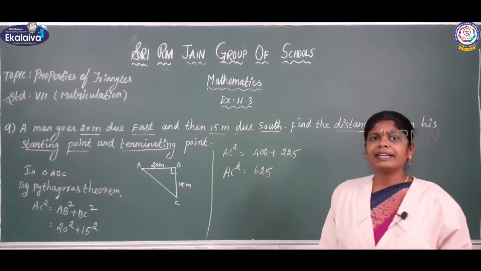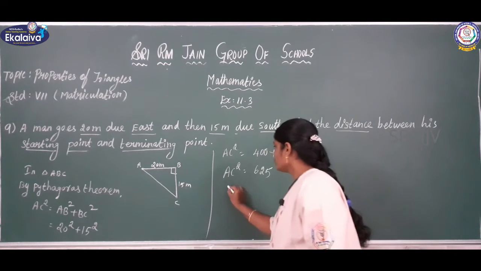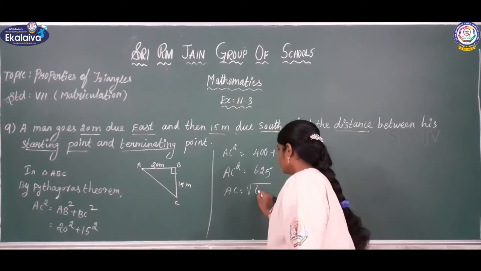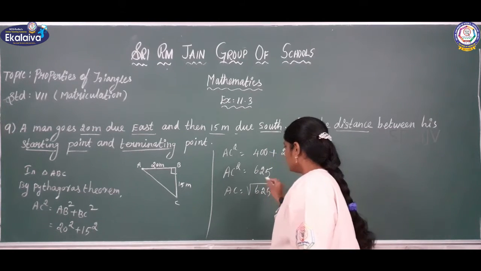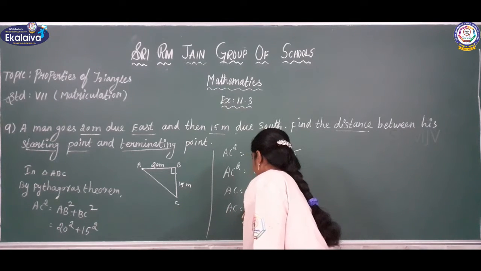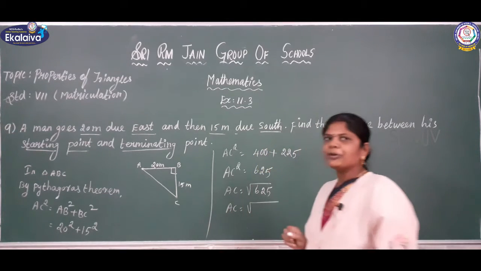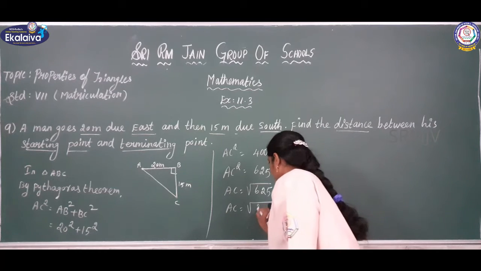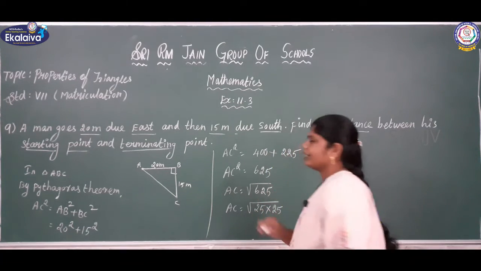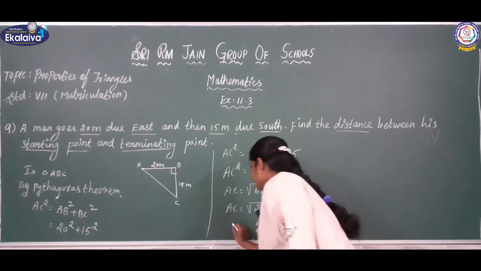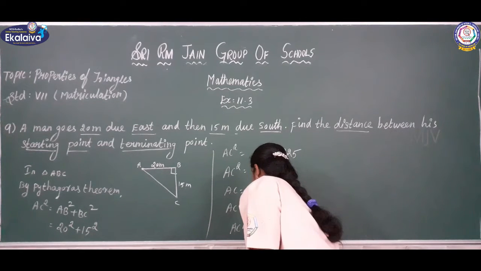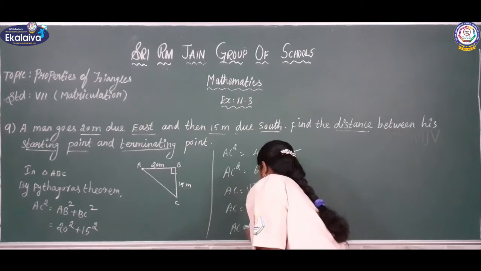But we need to find the AC value. So AC equal to, the square will change to square root of 625. So AC equal to, how can we split this, children? You know very well, 25 into 25. Yes, 25 into 25 will get 625. So what is the AC value here? AC equal to 25 meter.